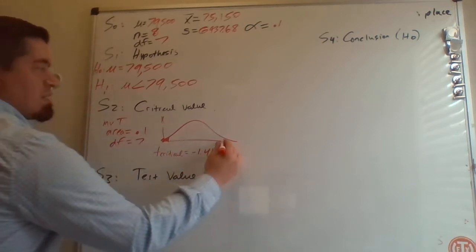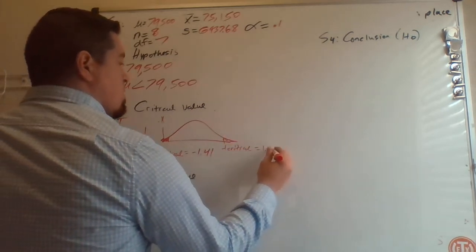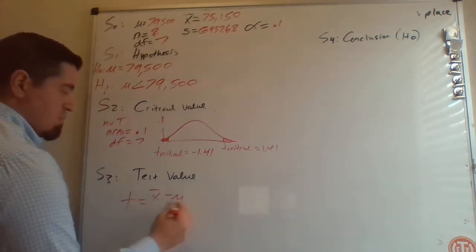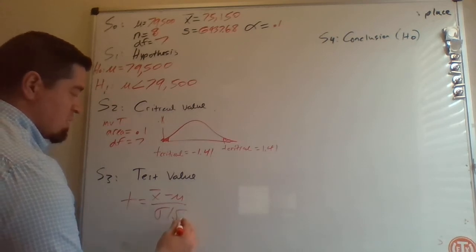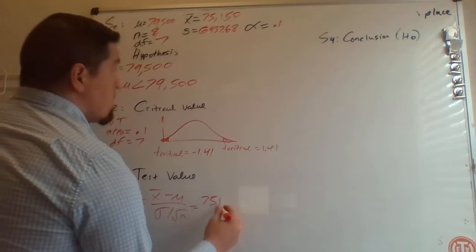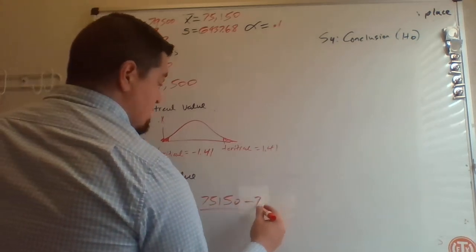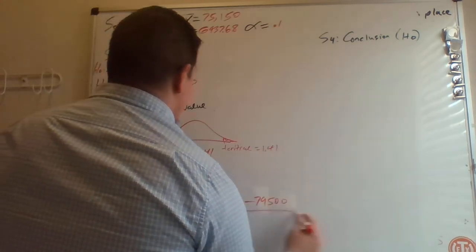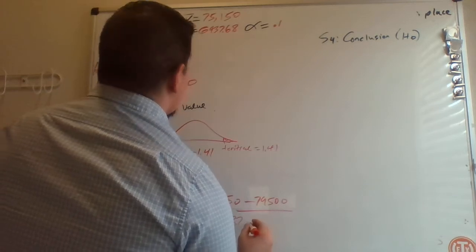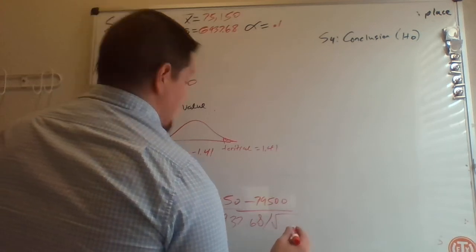And then your positive t critical would be 1.41. Okay, so then your test value would be x bar minus mu over the standard deviation divided by the square root of n. X bar, what we calculated was 75,150 minus mu, which is 79,500, over s, 6,937.68 divided by the square root of n, which is 8.